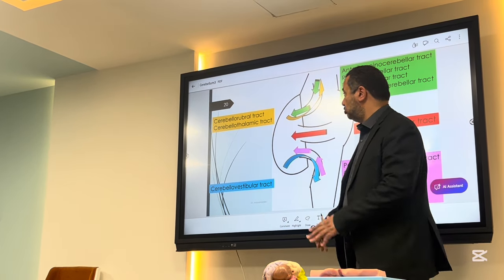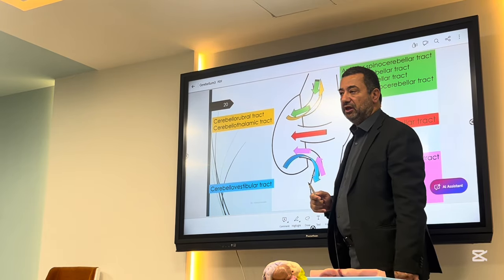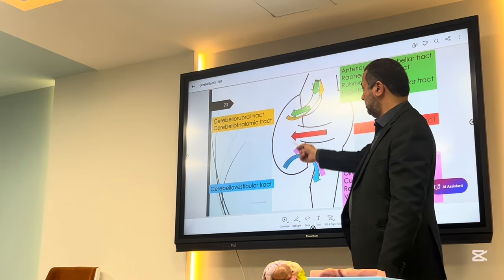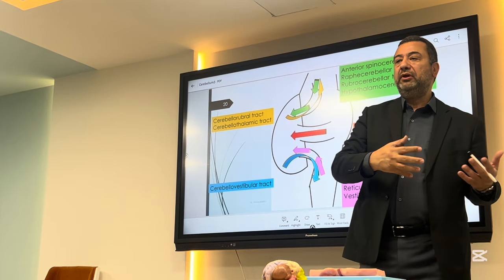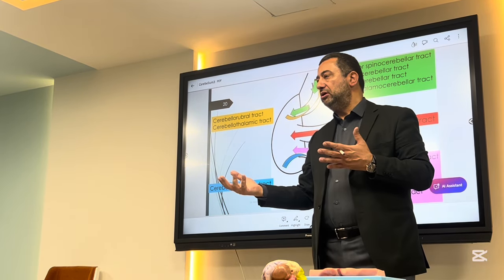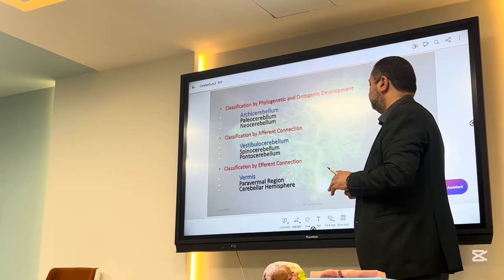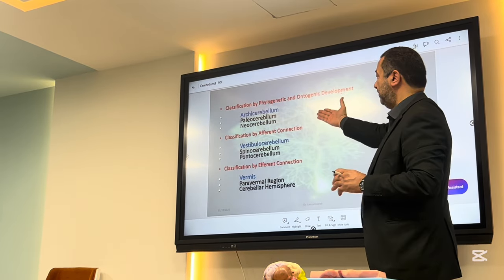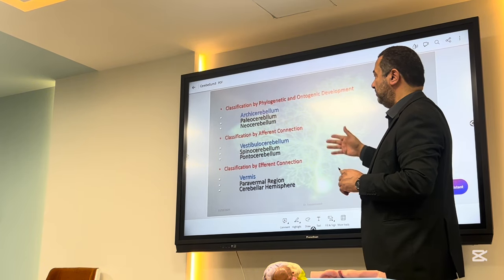This is superior, middle, and inferior cerebellar peduncle. You may see all tracts that enter into or go out of the cerebellum. Okay, archicerebellum is vestibulocerebellum, paleocerebellum is spinocerebellum, and neocerebellum is pontocerebellum.